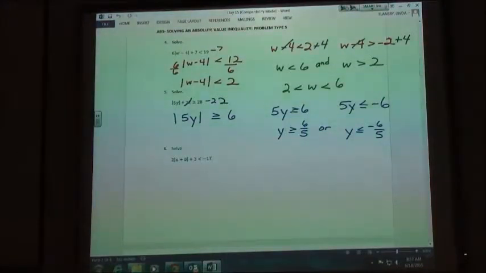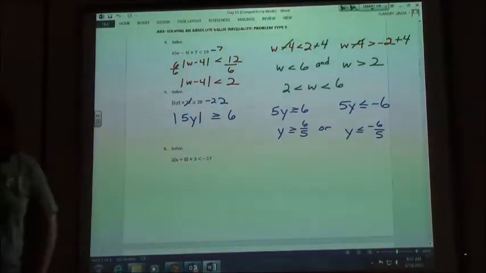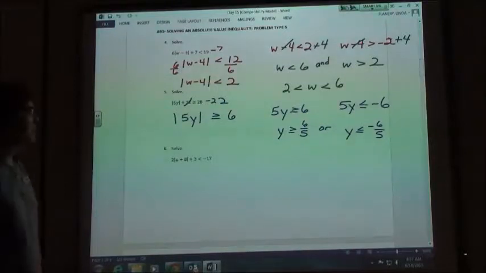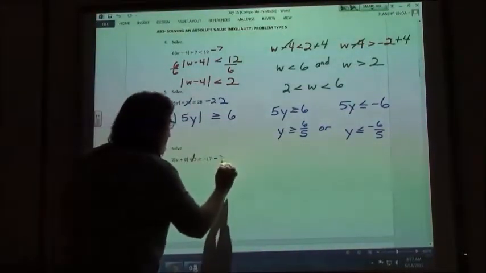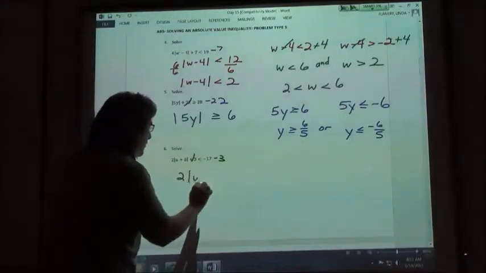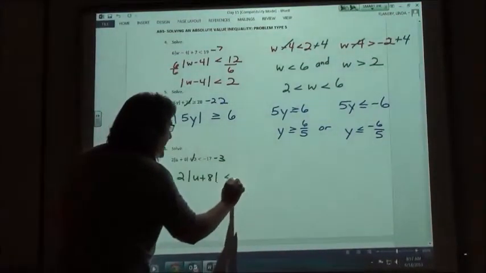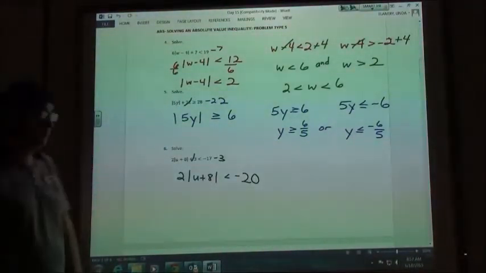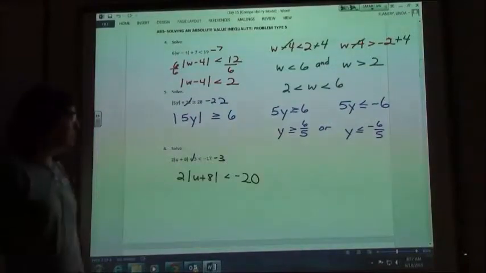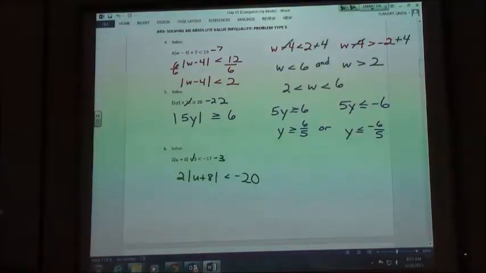Number 6, if we're going to solve that one, first thing we're going to do, subtract our 3. So 2 times the absolute value of u plus 8 is less than negative 20. We're then going to divide by 2.